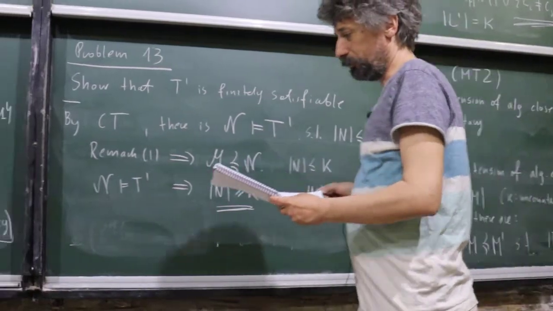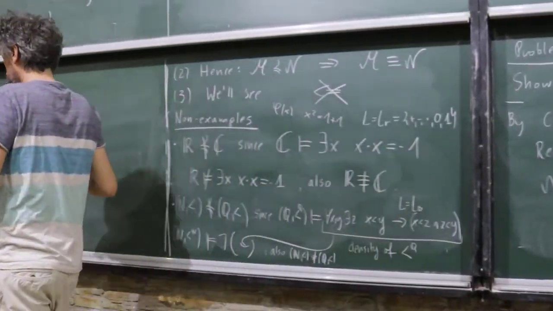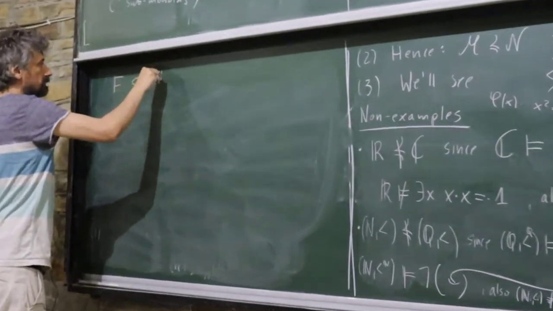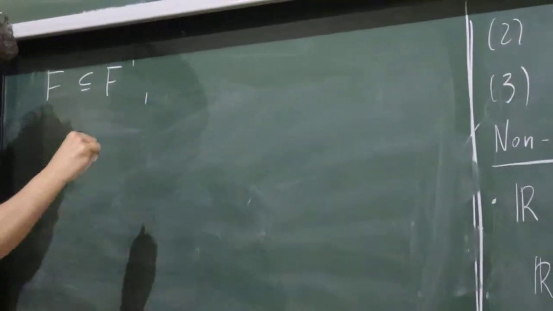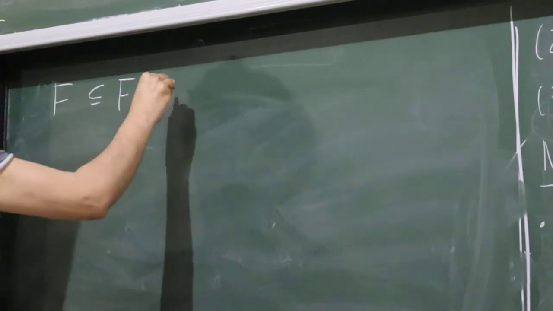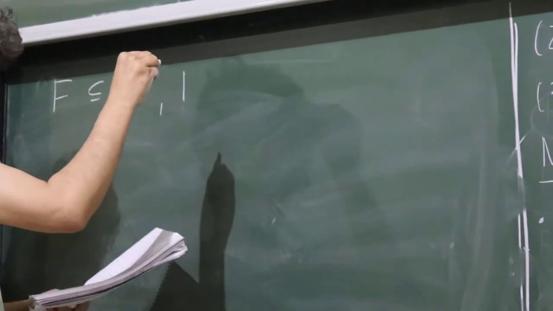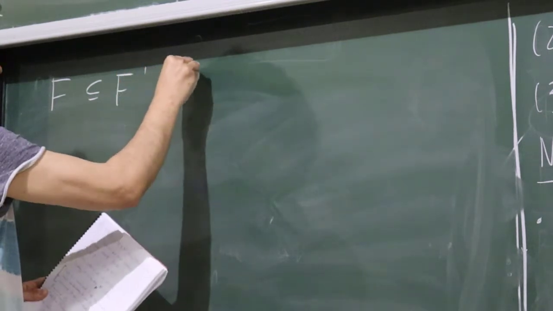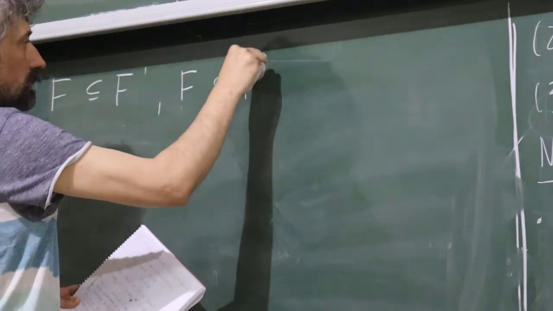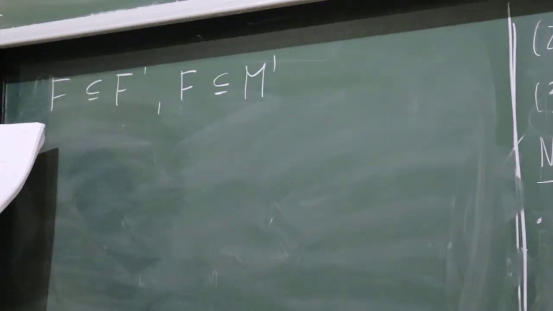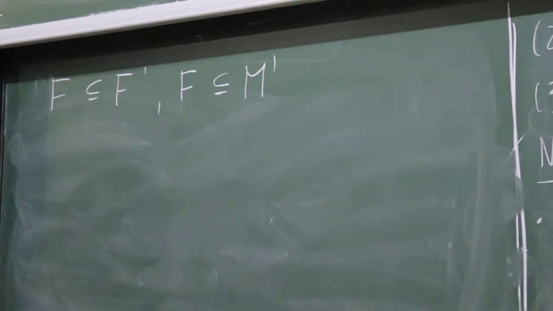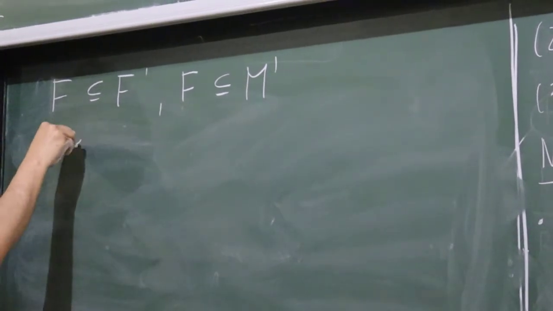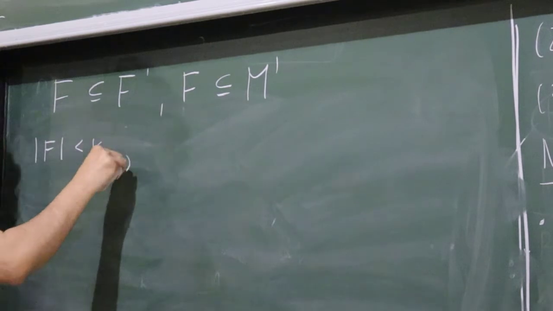Okay, but now there is a moment, so these are such extensions. So in particular, we have such extensions, and the cardinality of F is smaller than kappa.